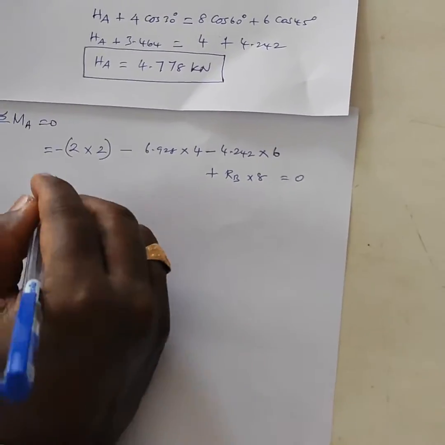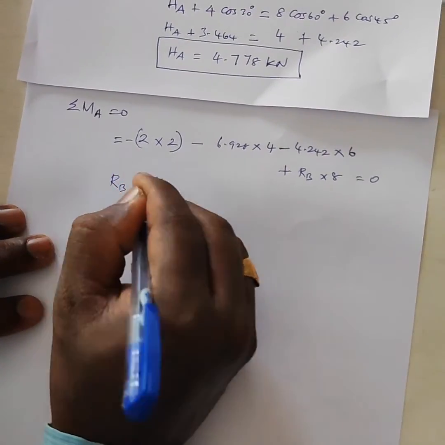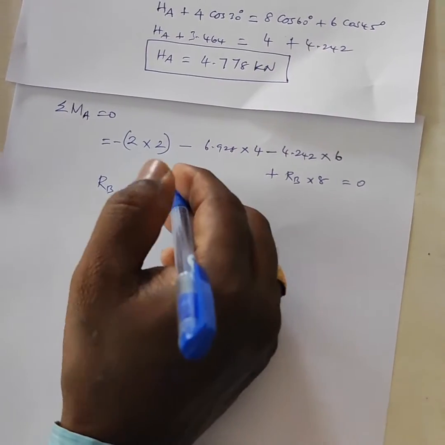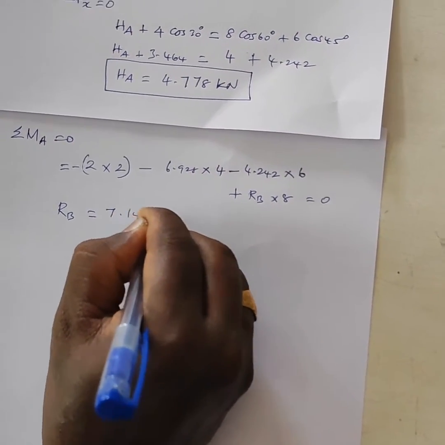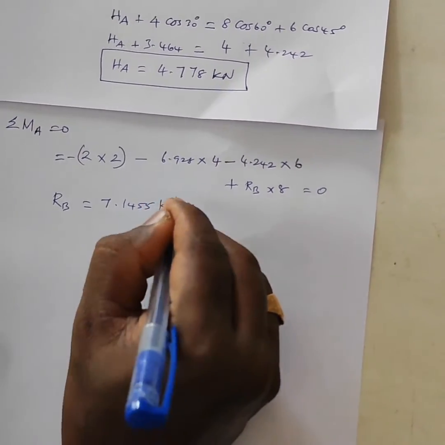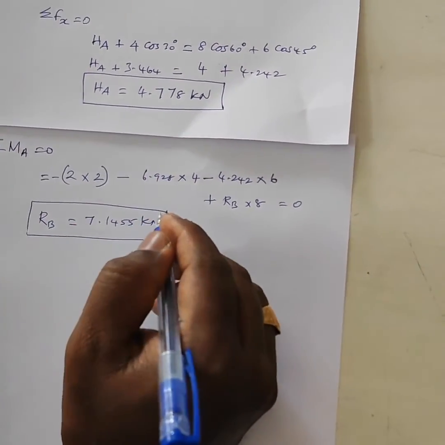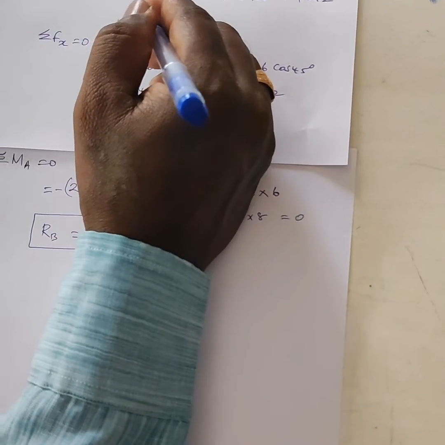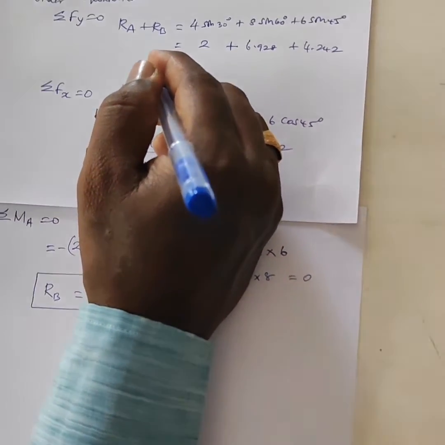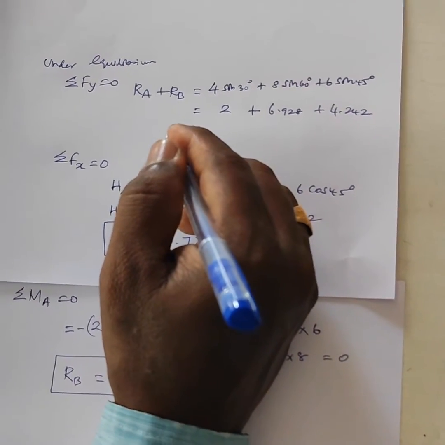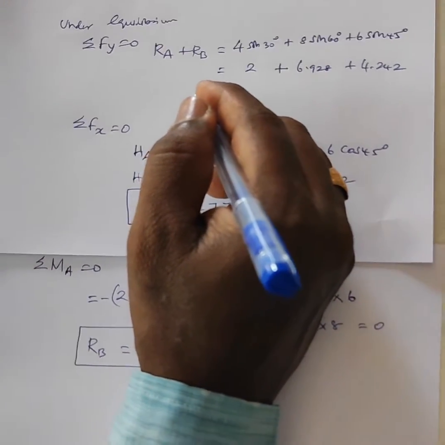From this we get the reaction at B equal to 7.1455 kilonewton. You substitute this reaction at B value in RA plus RB, that is equation number 1, and you can find the RA value.